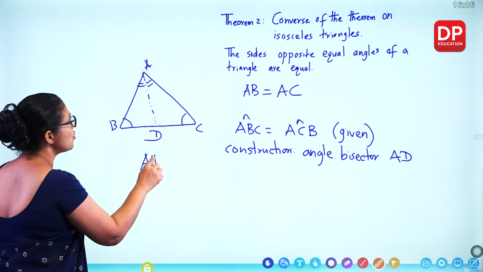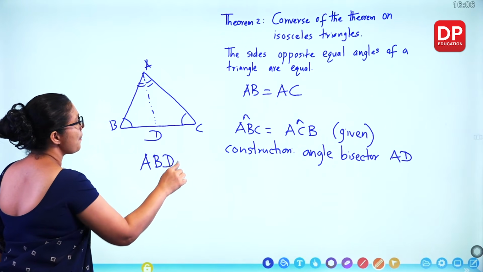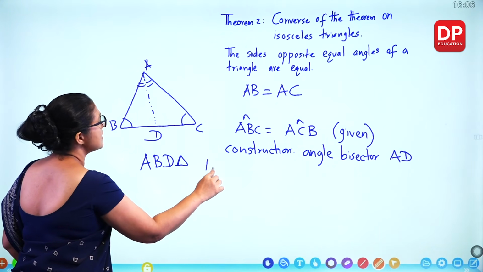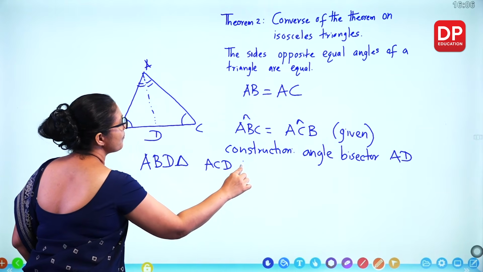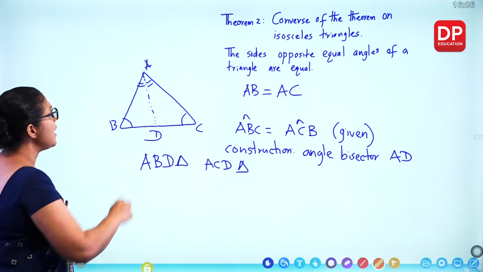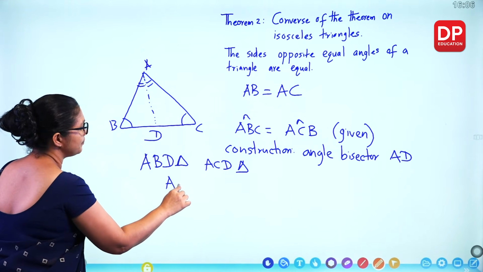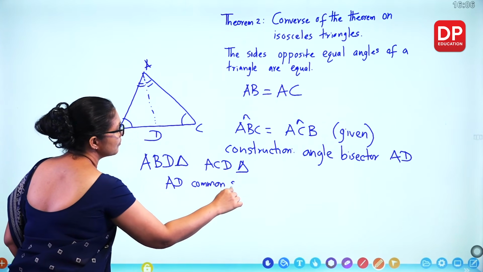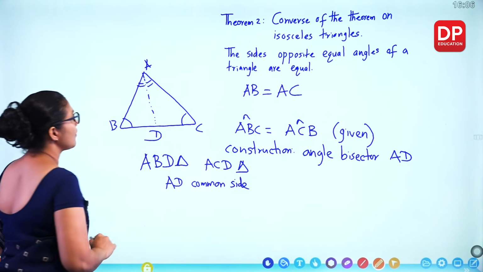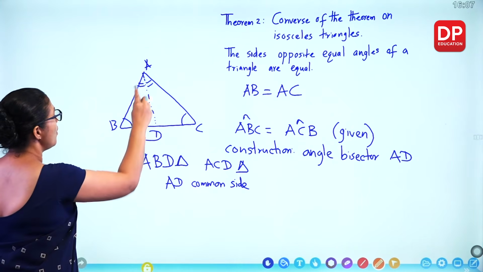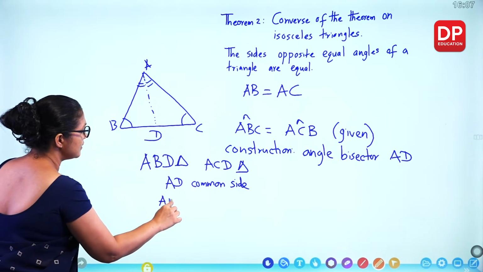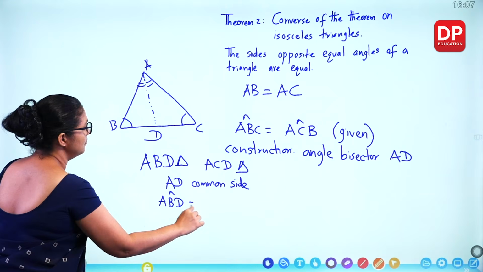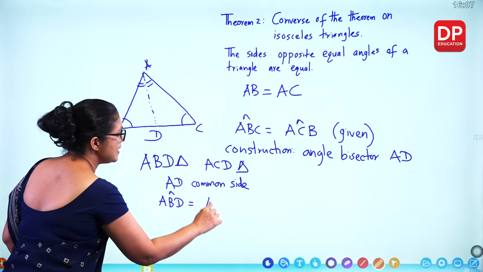Now you get two triangles ABD and ACD. We know AD is common. And also we know ABD angle is equal to ACD angle.